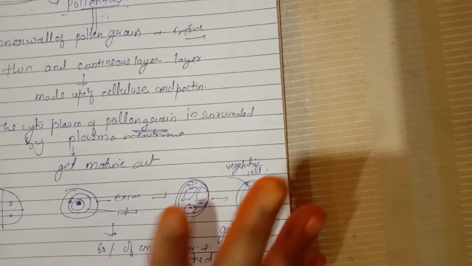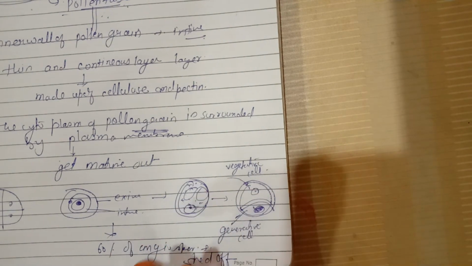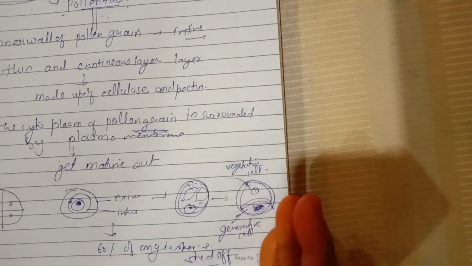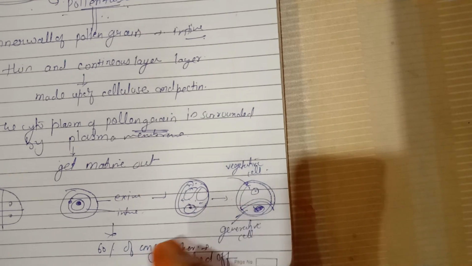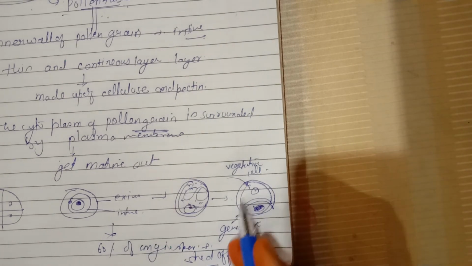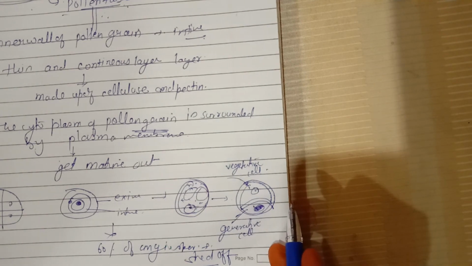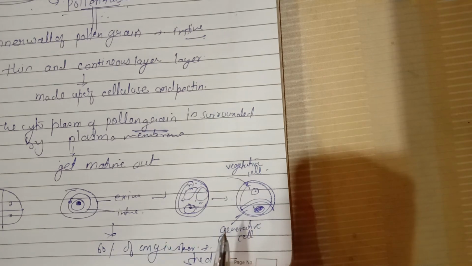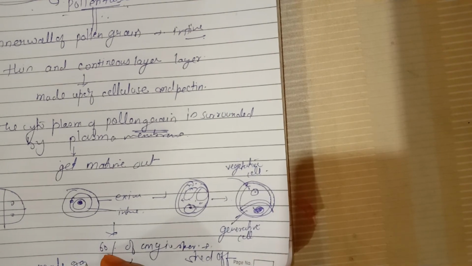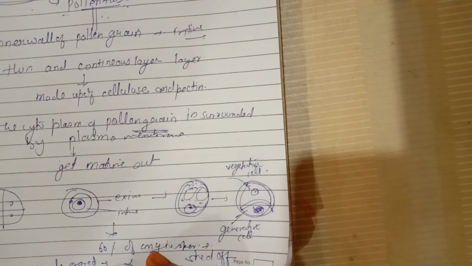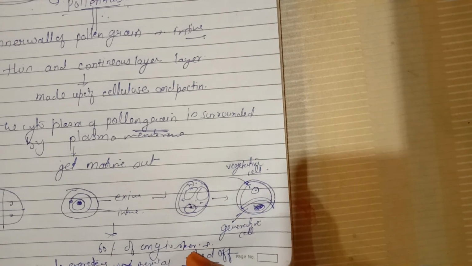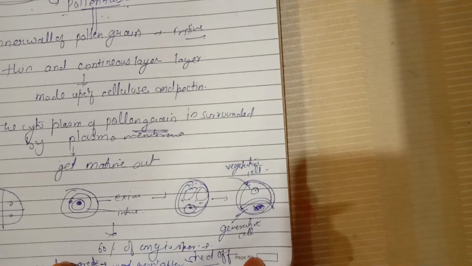When the anther matures, dehiscence of the anther takes place, and the pollen grains which were present inside come out from the anther lobe, and after that the generative cell divides mitotically to give rise to the 2 male gametes.